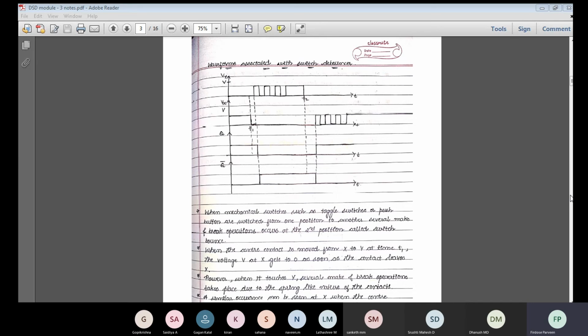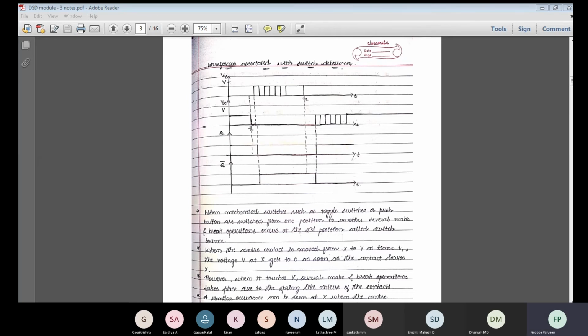If you have understood, you should be able to explain, right? Understood or no, Srishti?